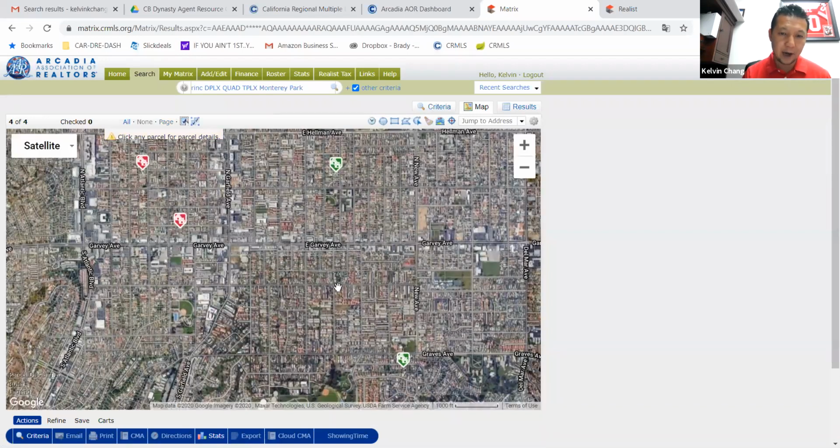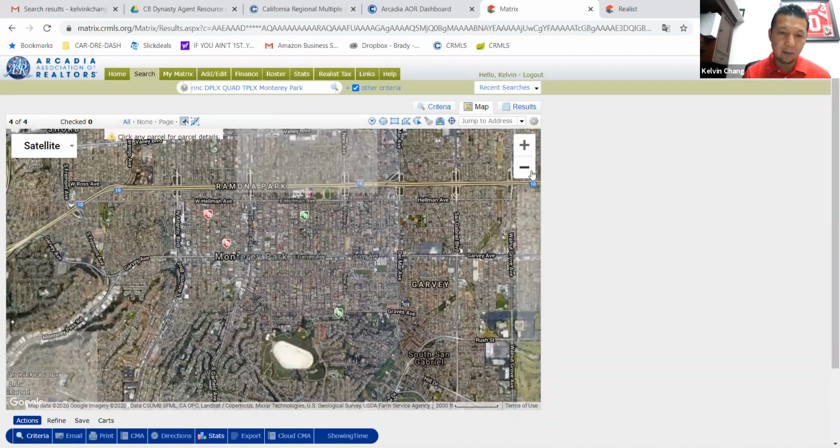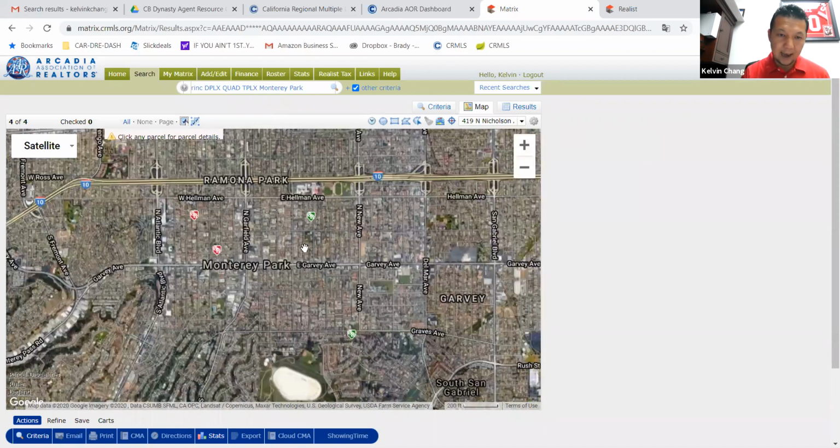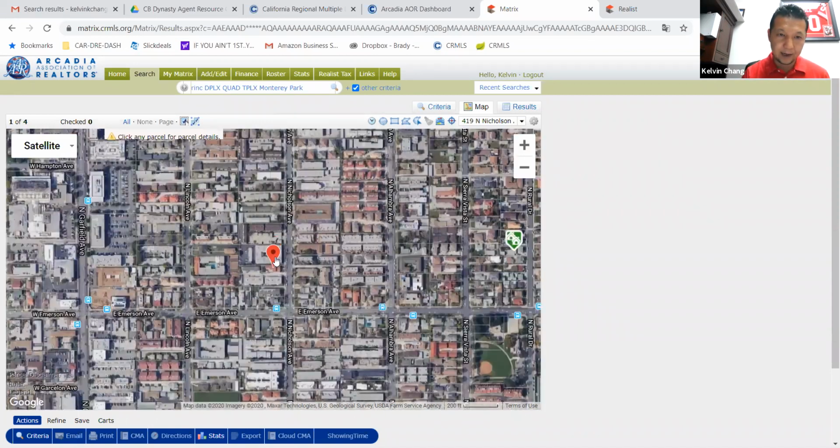For a little train of thought, this is a great practice for us to understand how am I going to price this property. I want to know these 4 comps, where are they located? And they are not too far from my property. If I want to know where my property is, I type in the address, I search it, and it's right here, okay?